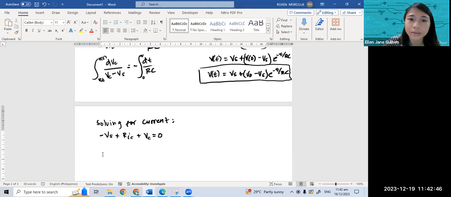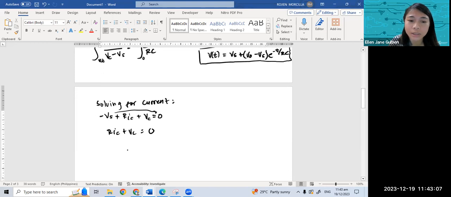Solving for current, we have here negative VS, convert it over there, and then transfer it right here. So we have R IC plus VC equal to VS. We convert our VC into current.